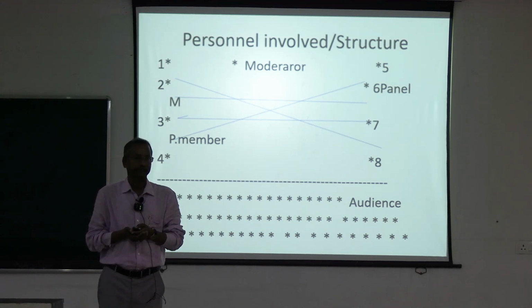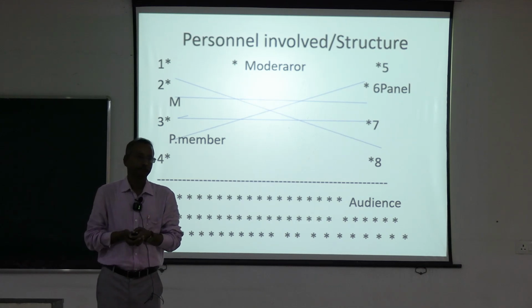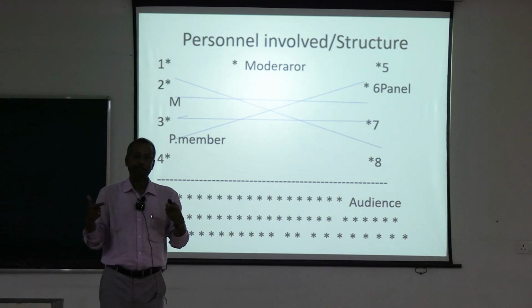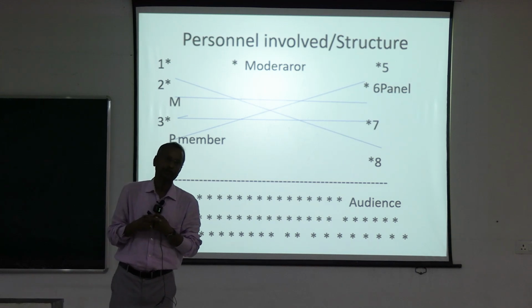On the left side 3 or 4 panelists will sit, and on the right side the same number of panelists will sit. Then these panel members discuss among themselves about an issue. They will ask questions.